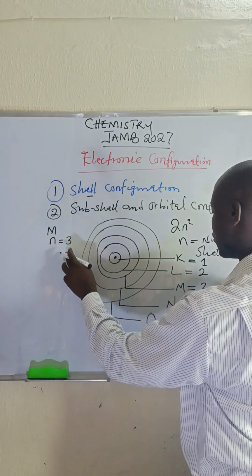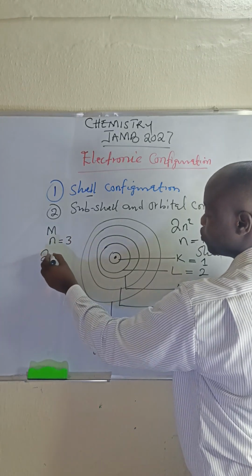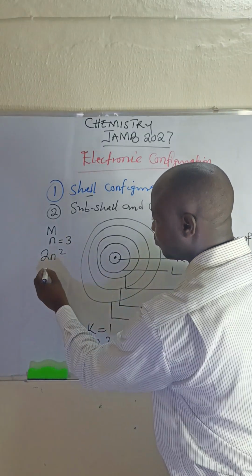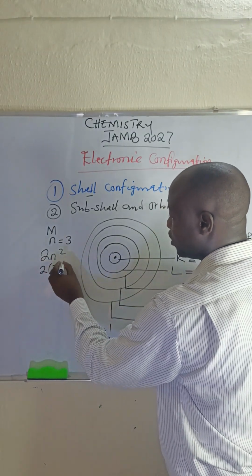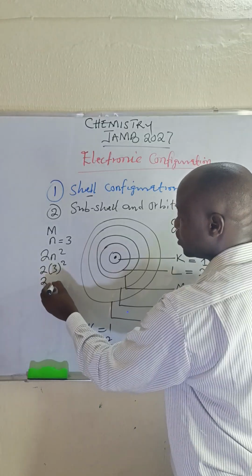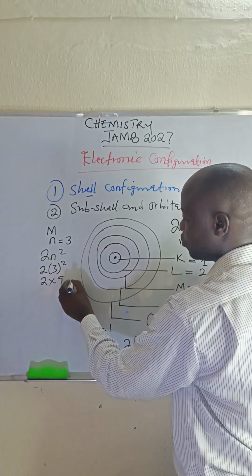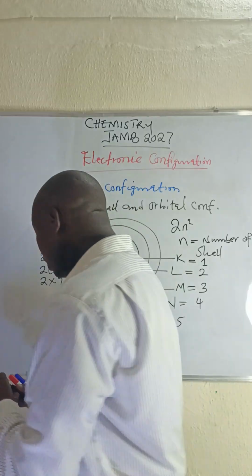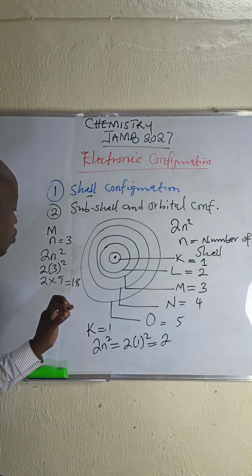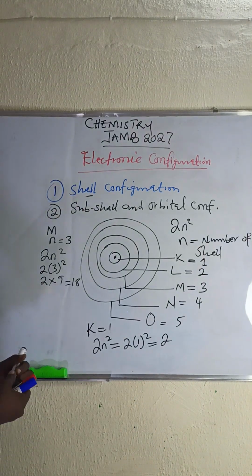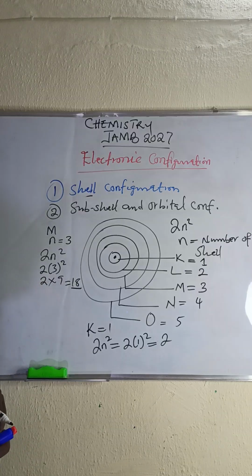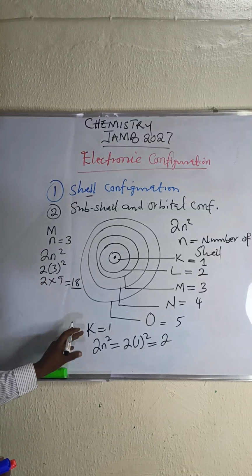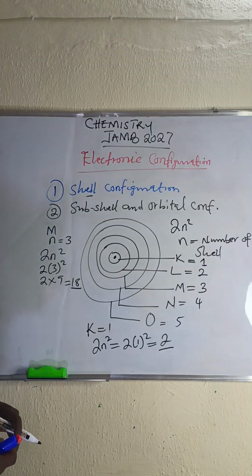So we use 2n square, which is 2 times 3 square, that is 2 times 9, which gives 18. So M shell can accommodate a maximum of 18 electrons, and K shell can accommodate a maximum of 2 electrons.